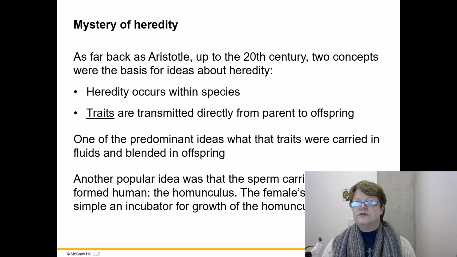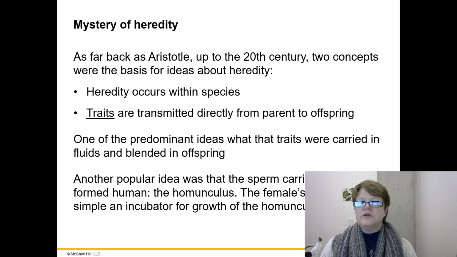So nothing could go beyond that species barrier. And that idea came mainly because the Catholic Church primarily had dictated that every species on Earth had been created exactly as it is today. And so from that perspective, there can be no transmission of genetic material beyond that species.